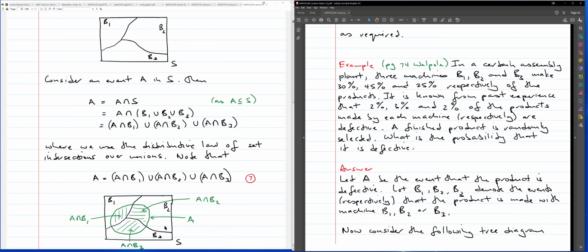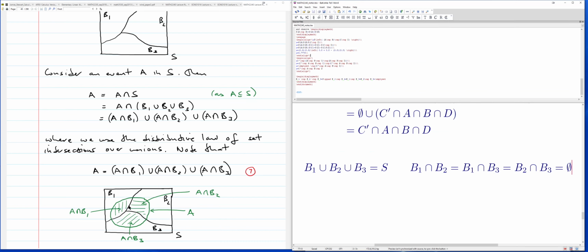Because B2 and B3 have nothing in common, A intersect B2 and A intersect B3 will have nothing in common, and similarly A intersect B1 will have nothing in common with A intersect B2.